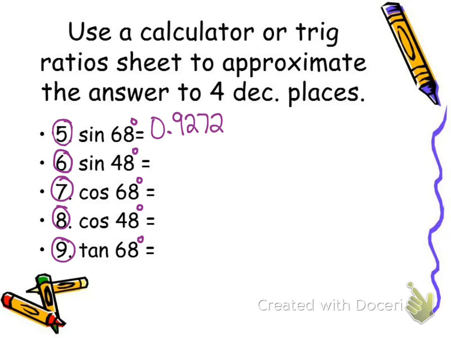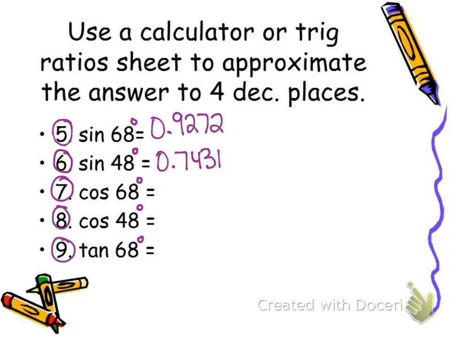Okay, then we change it and we do the sine of 48 degrees. Again, if you'd rather use your table, you can do that. 0.7431. Good. We're switching to cosine now. So we're looking at a different column or using a different function on our calculator.